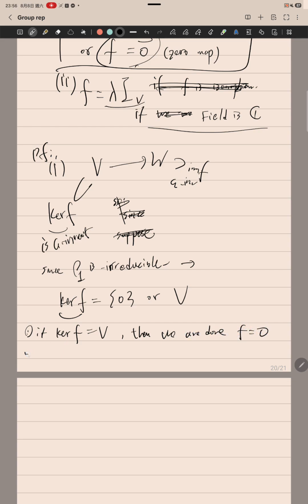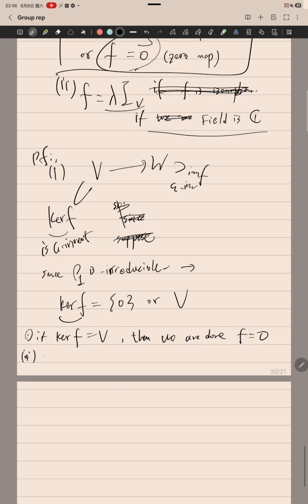The second case is if the kernel of f is 0, then f is a non-zero map.